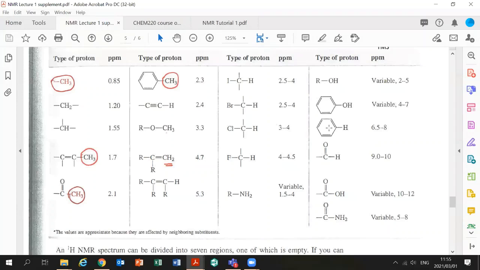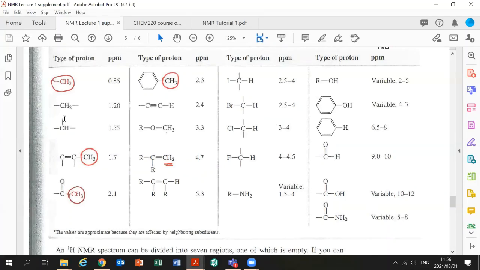When the hydrogen is bonded directly to the aromatic ring, see how big the resonance is, 6.5 to 8 that I told you about because of diamagnetic anisotropy, right? But if I compare this methyl group of 0.85 to this with a benzene ring, this diamagnetic anisotropy has an effect from there to shift it from 0.85 to 2.3. Again here, the diamagnetic anisotropy shifts it from 0.85 to 1.7.